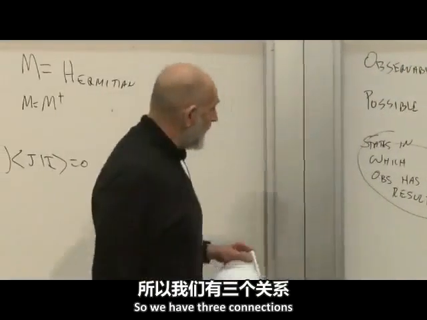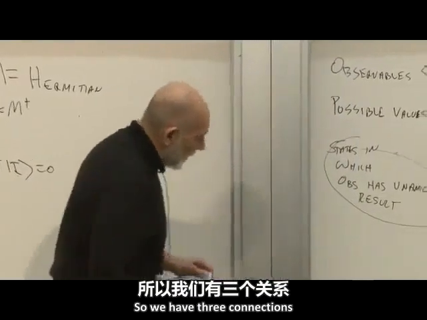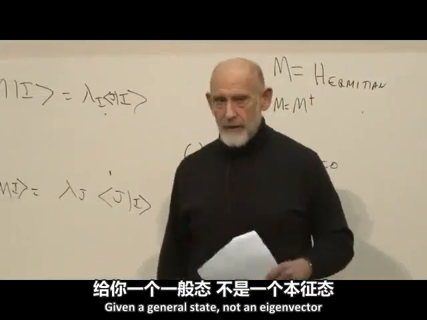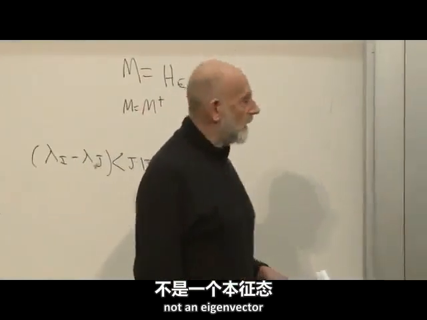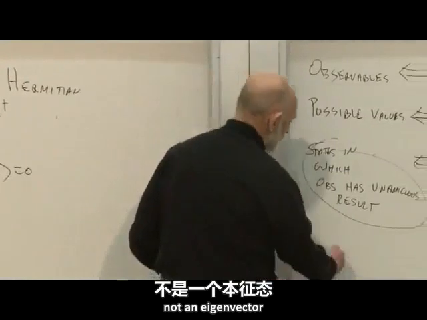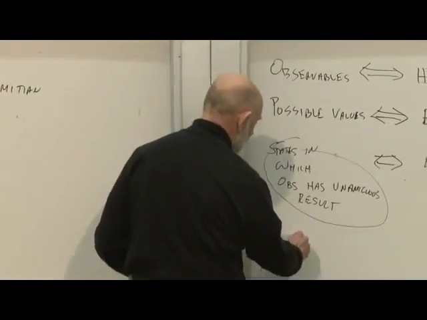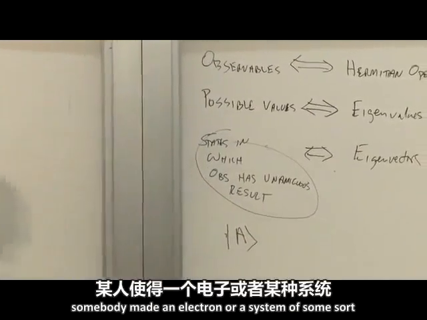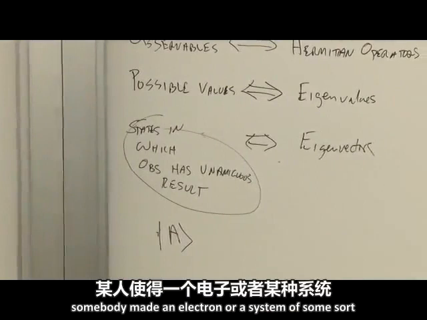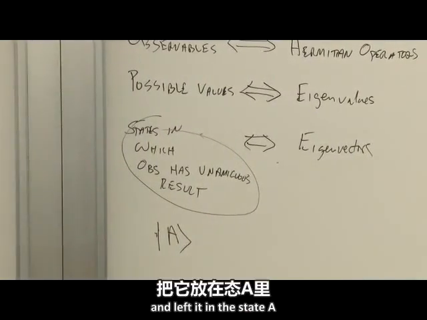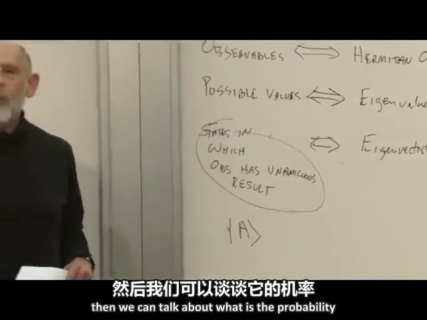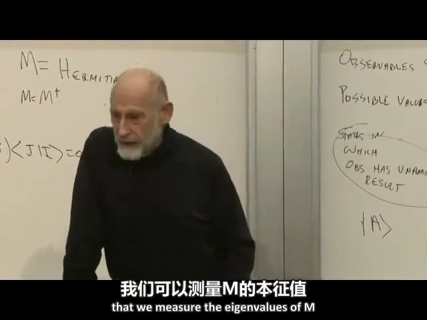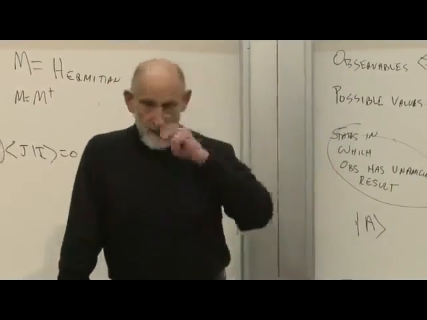So we have three connections, and now a fourth connection. Given a general state A, not an eigenvector, somebody made an electron or a system of some sort and left it in the state A, then we can talk about the probability that we measure the eigenvalues of M at different values.